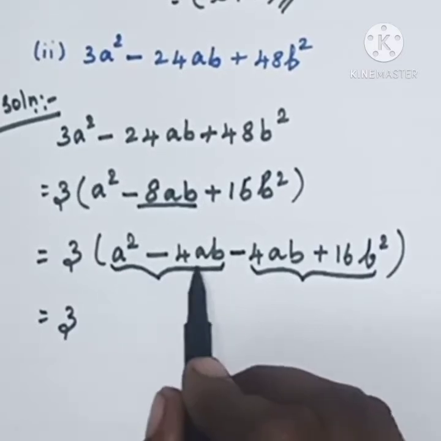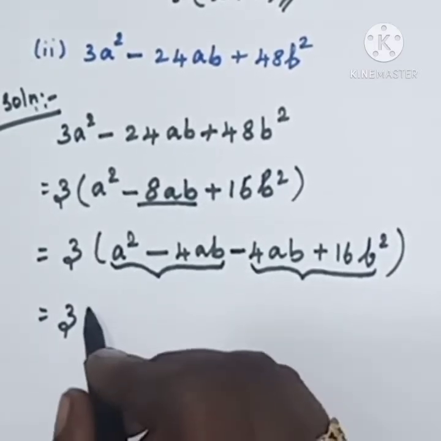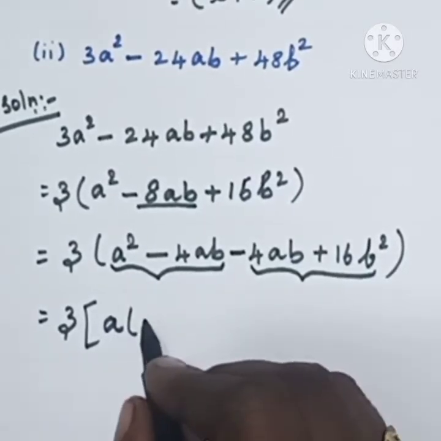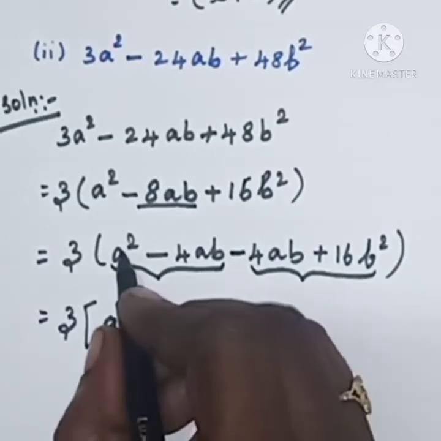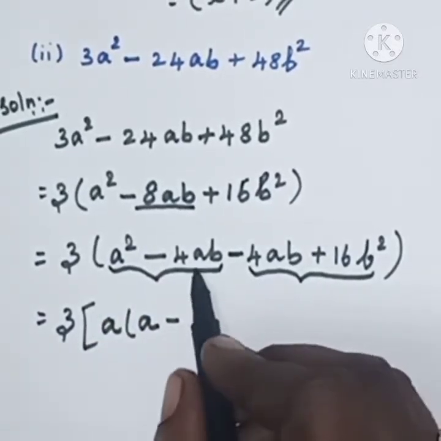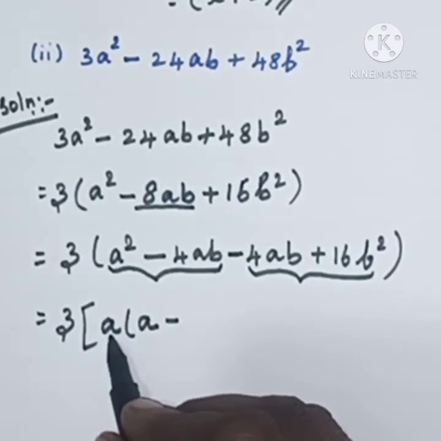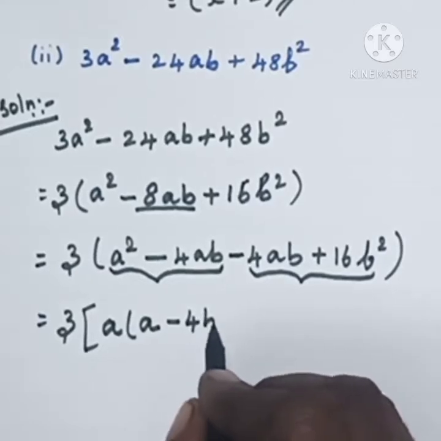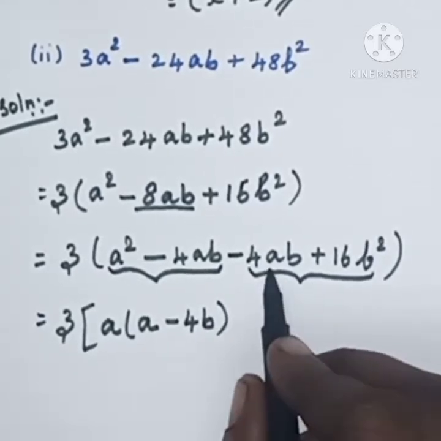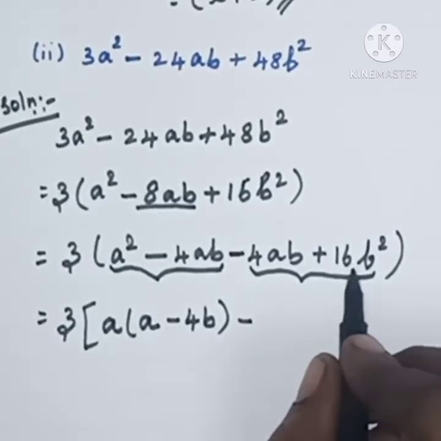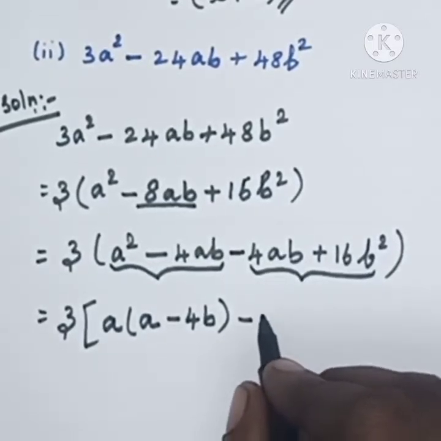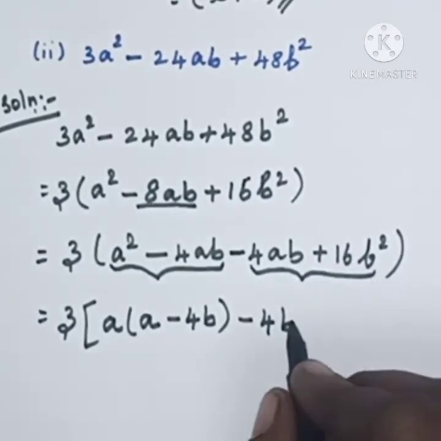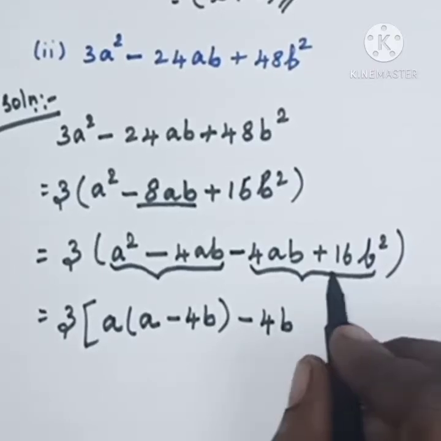In these 2 terms, what is the common variable we have? The common variable is a. So take that a outside. The remaining is a, because a into a is a square, minus 4 into b from the second term. Similarly, from the other 2 terms, b is the common variable, which appears in the third and fourth term.